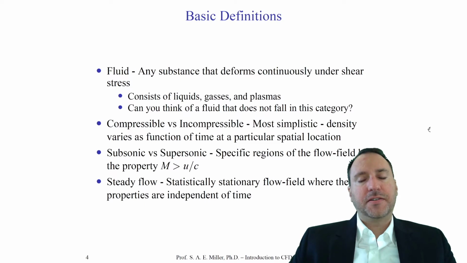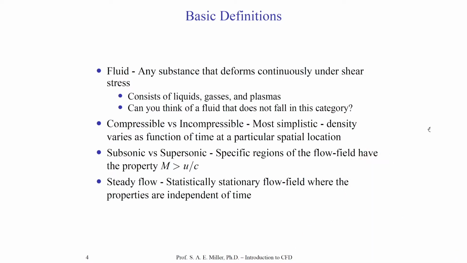We'll also have to divide our problems and our equations through a particular assumption, which is the assumption of incompressibility. We'll divide flows, even though we can solve essentially the same set of equations, into compressible and incompressible flows. The first means, in terms of this class at least, that density varies, that density is a variable. The second is that the density will remain constant.